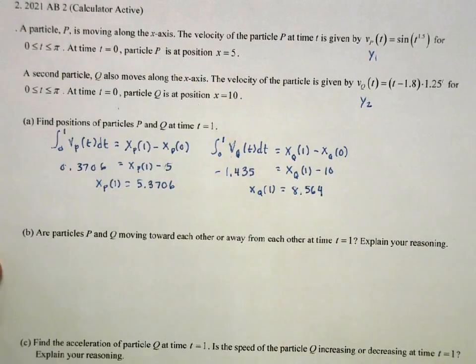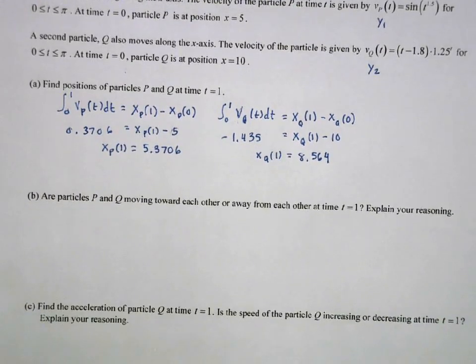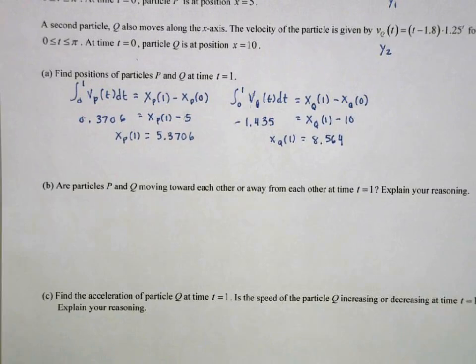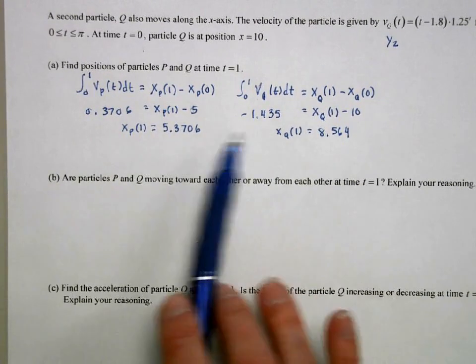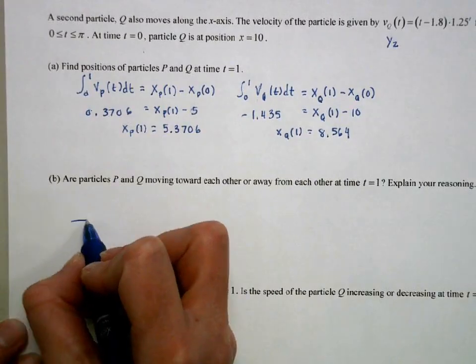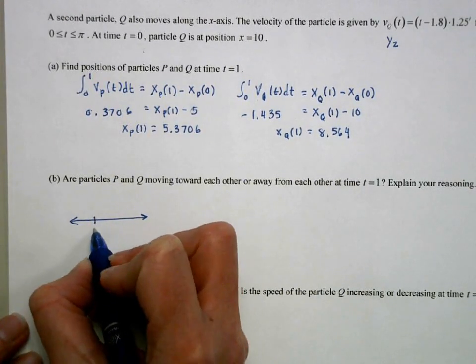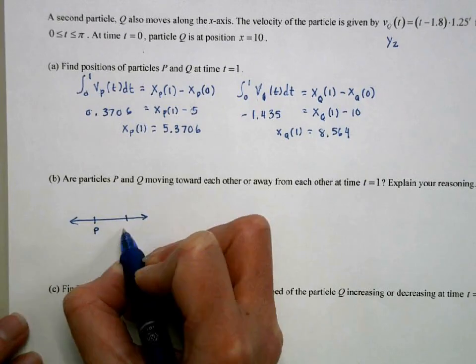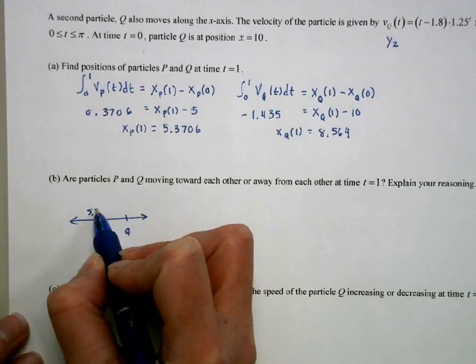Part B, are particles P and Q moving towards each other or away from each other at t equals 1? Okay, well, I have their positions at 1, so just kind of thinking number line-ish. P is going to be lower than Q, because call this 5 point whatever, and call this one 8 point whatever.